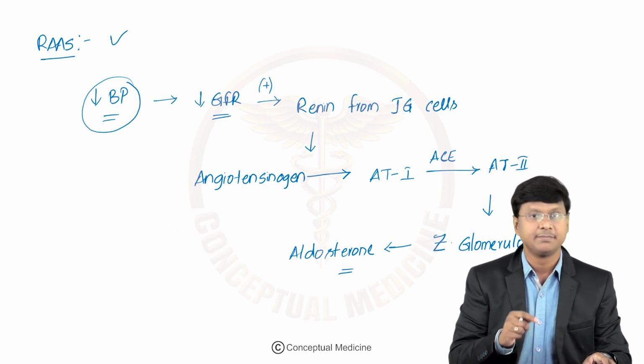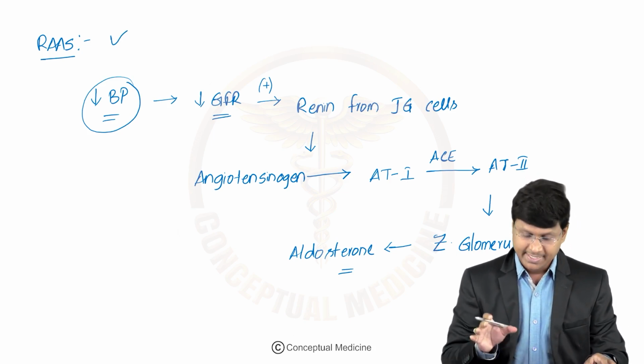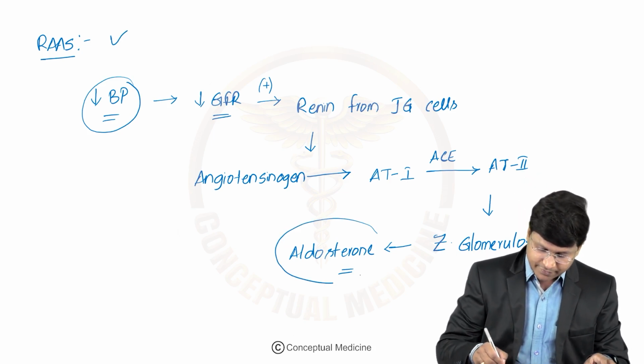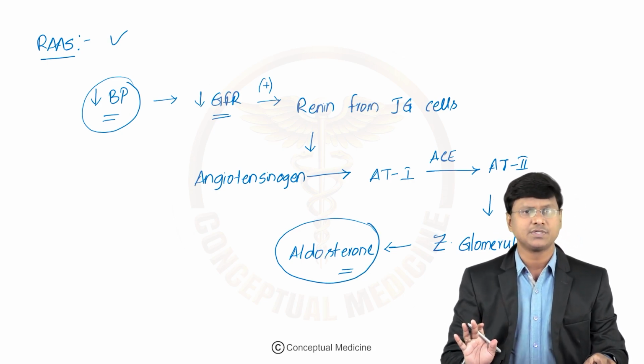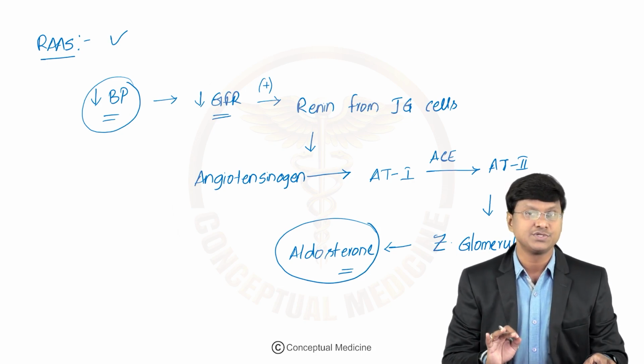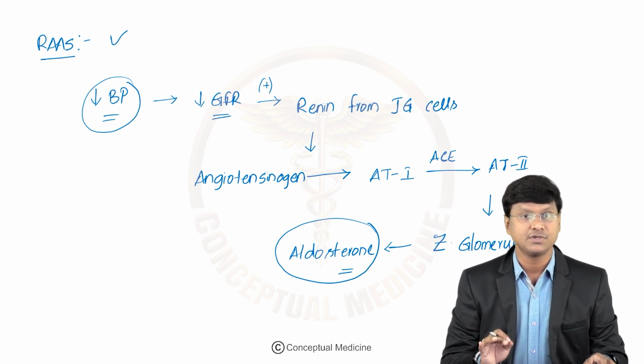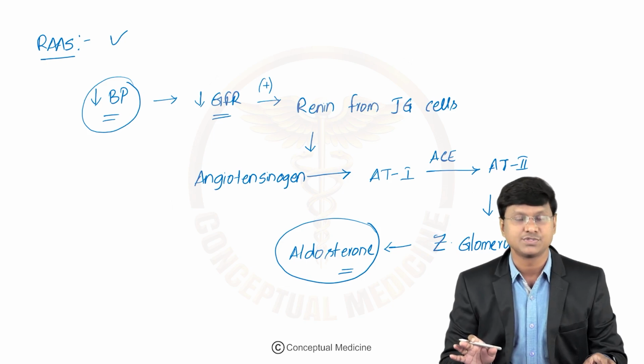So that is the mechanism of the RAS, and that is the regulation of aldosterone by the RAS mechanism. So this is about the basic physiology of aldosterone, action of aldosterone, and regulation of aldosterone.